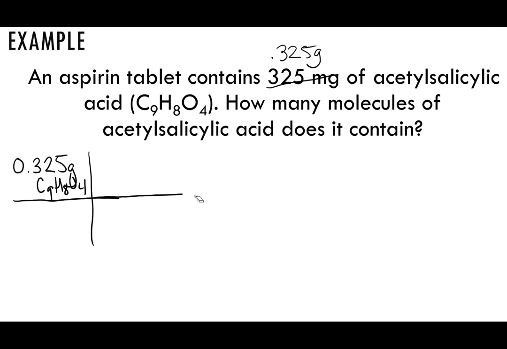All right, so the first step is grams to moles. So what unit am I trying to get rid of? This goes on the bottom. And what unit am I interested in? Moles, that goes on the top.